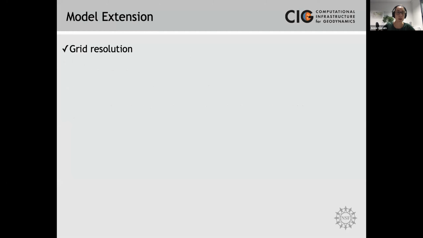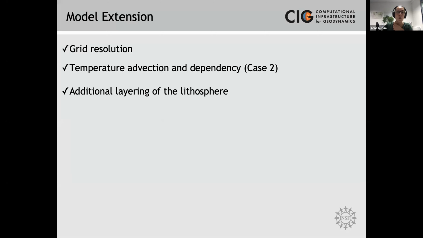Okay, so if you want to extend on this model, you could definitely have a look at the grid resolution. You would add some temperature advection and a dependency of the density on the temperature. This would be case 2 of this benchmark setup. You could add additional layers in the lithosphere.